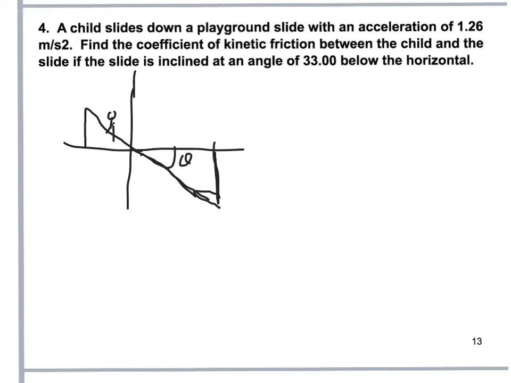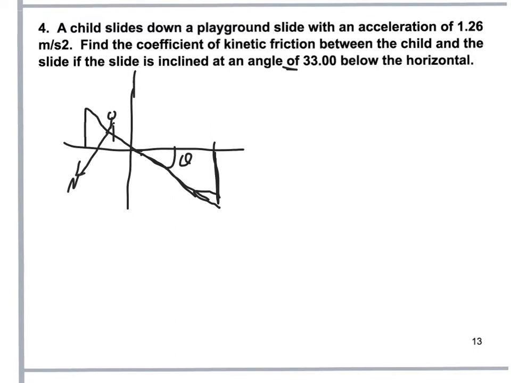the forces we have to take into consideration are, first, the normal force. We're not told what the normal force is. So we know that the normal force is perpendicular to the surface on which the object is moving. That means our normal force is right here, perpendicular to that one.